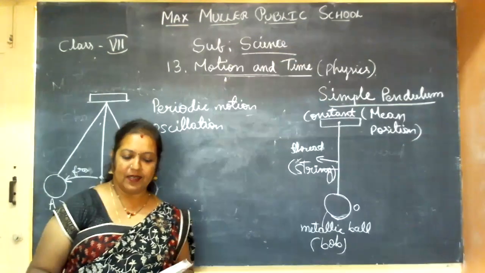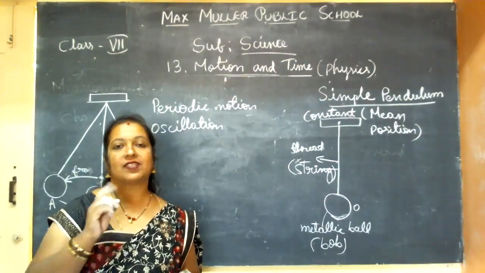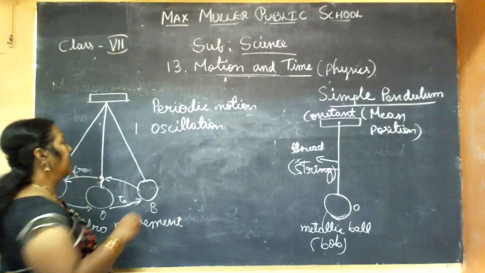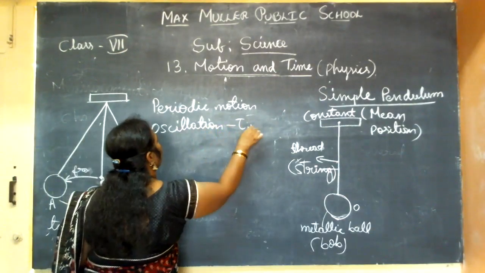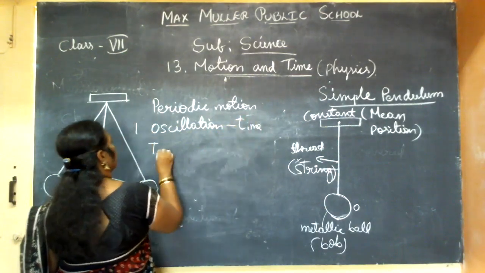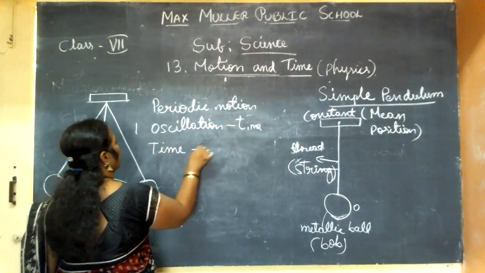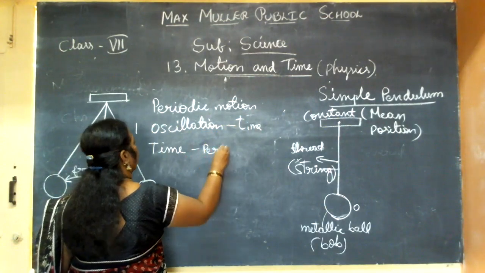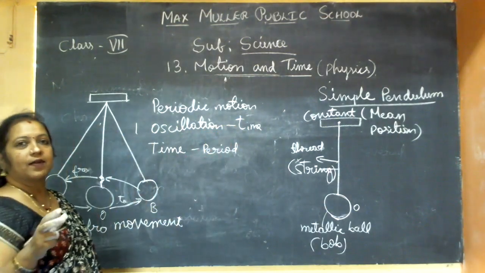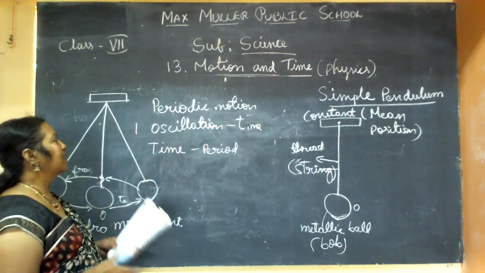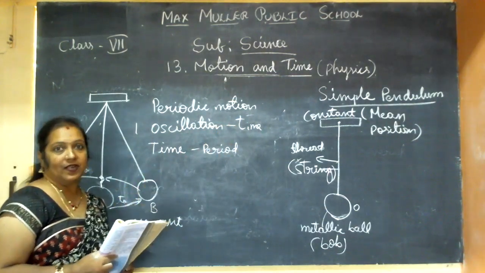The time taken by the pendulum to complete one oscillation is called the time period. For this one oscillation, how much time it has taken, we call it the time period. Period means the time duration. How much time is taken to complete one oscillation? That we will call the time period.